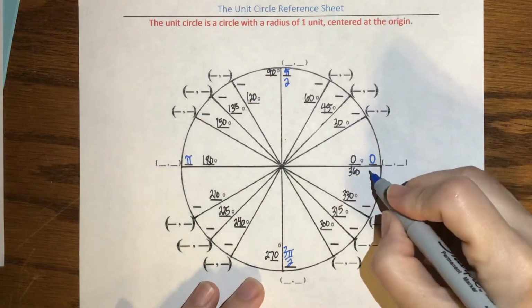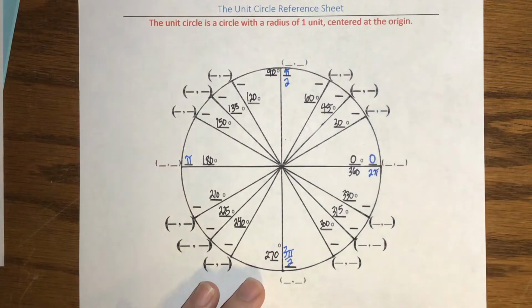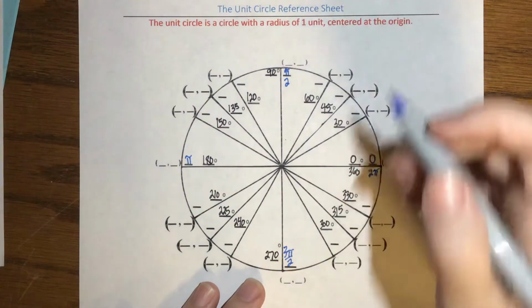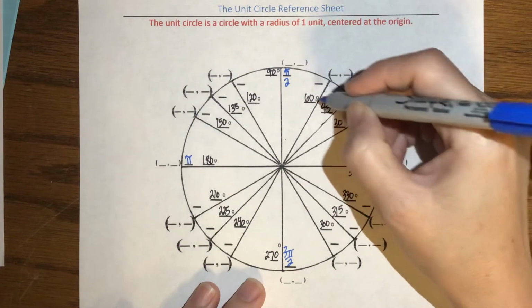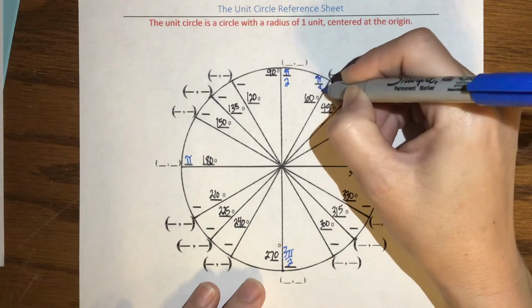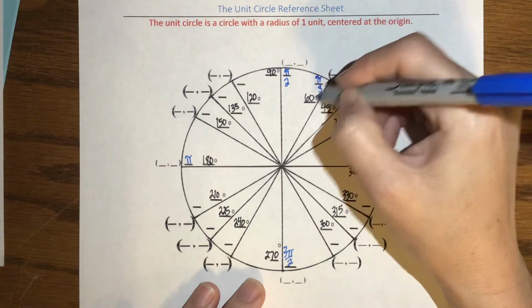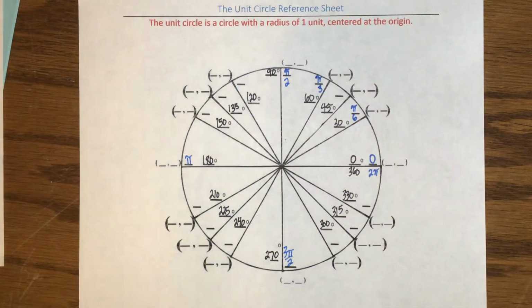And then, of course, as I come around a full circle, that's 2 pi. Okay? Now, I just said 30 degrees was pi over 6. I remember 30 and 60 because they're kind of flipped. 30 is pi divided by 6, 60 is pi divided by 3. I want to show you where that's coming from.